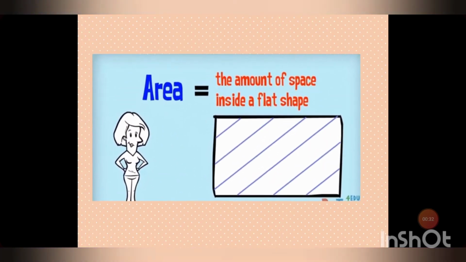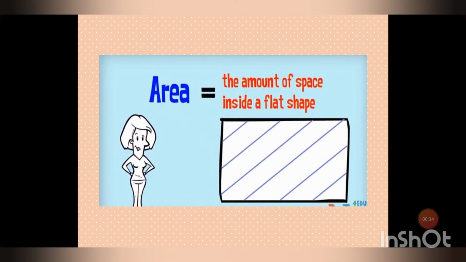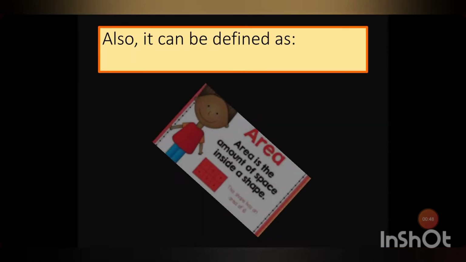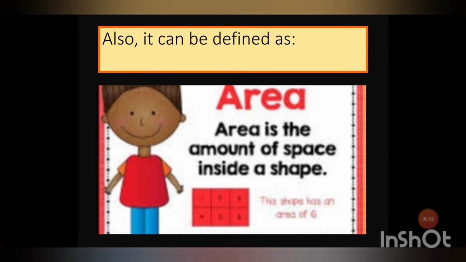Well, an area is the amount of space inside a flat shape or a 2D shape. It can also be defined as the amount of space inside a shape. It is as simple as that. An area is the amount of space inside a shape.